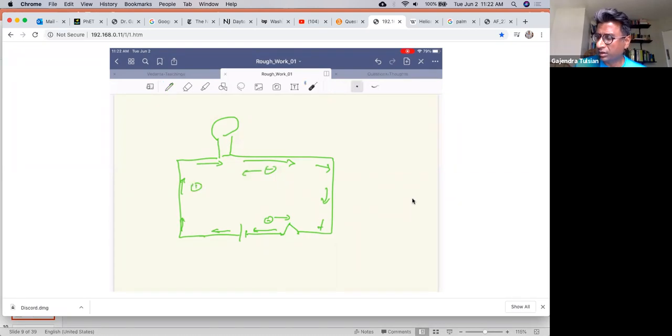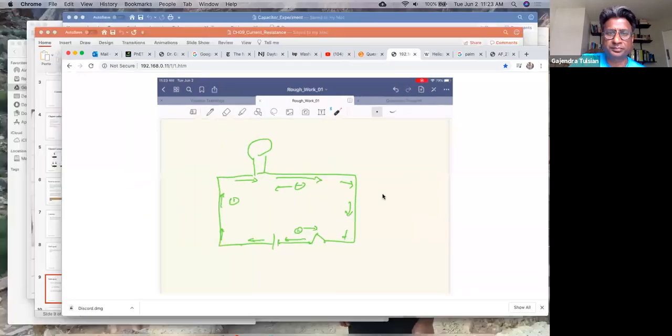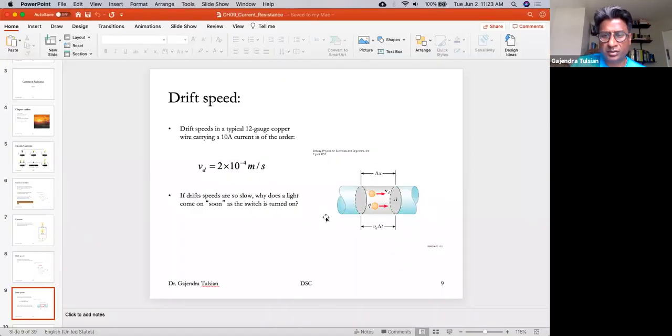Now it turns out that this electric field is established at the speed of light, and wherever the electric field is established, the electrons immediately respond. So that happens so fast it appears instantaneous to us.